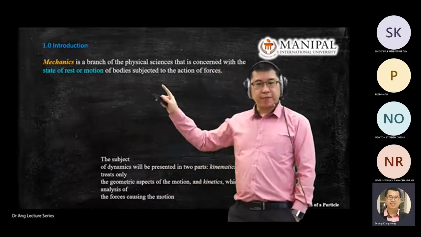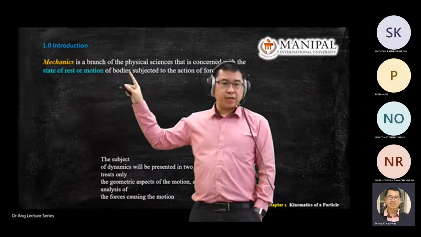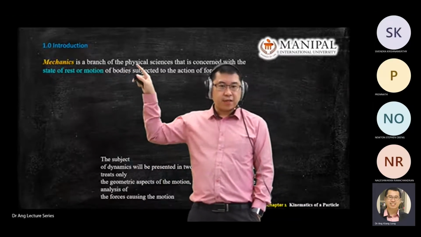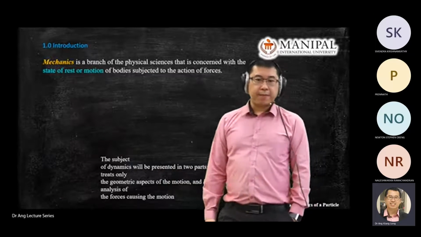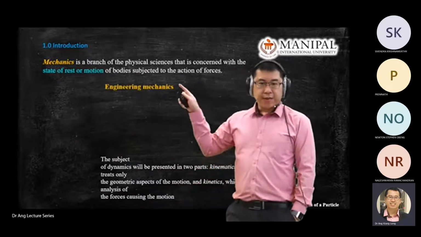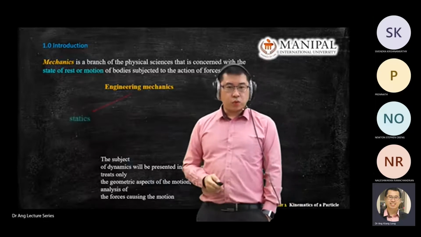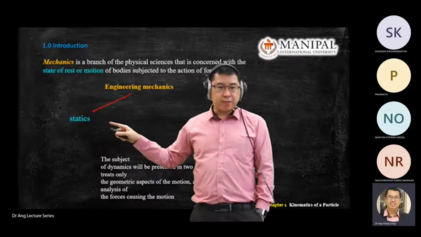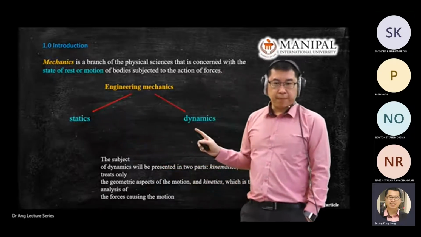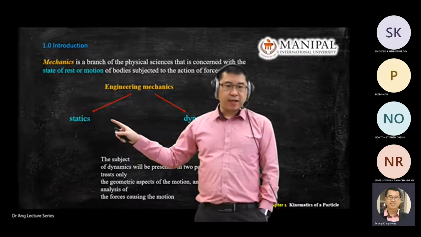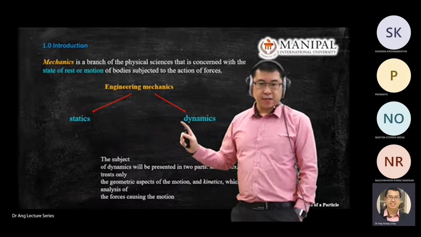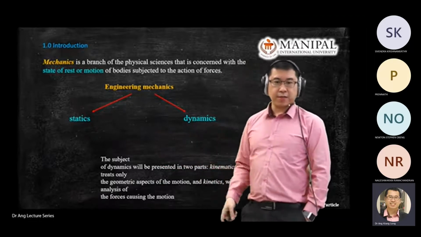So the first thing we look at today is the definition of mechanics. Under mechanics, we have another 2: we look at statics problems and dynamics problems. I believe you have already learned about statics. Now we learn about dynamics.